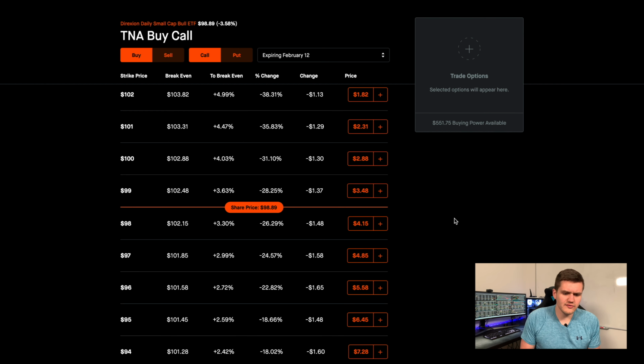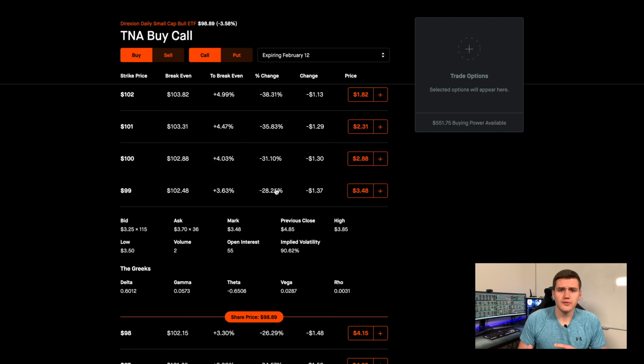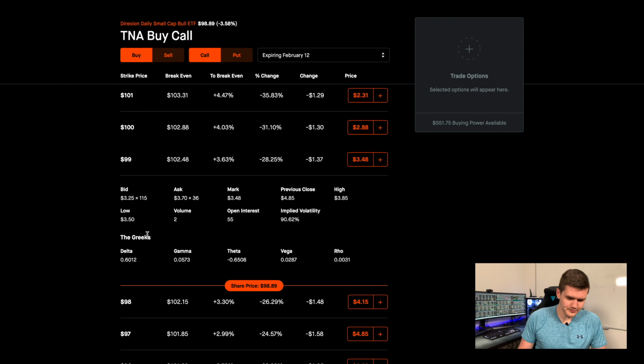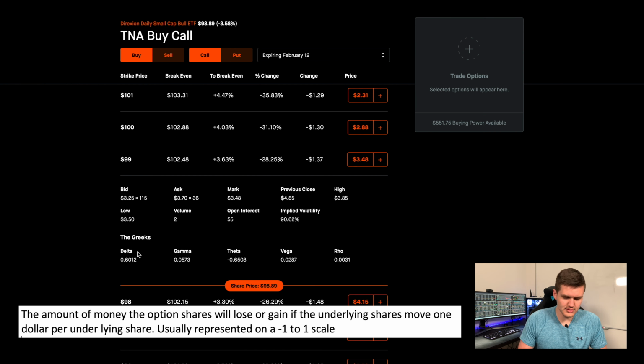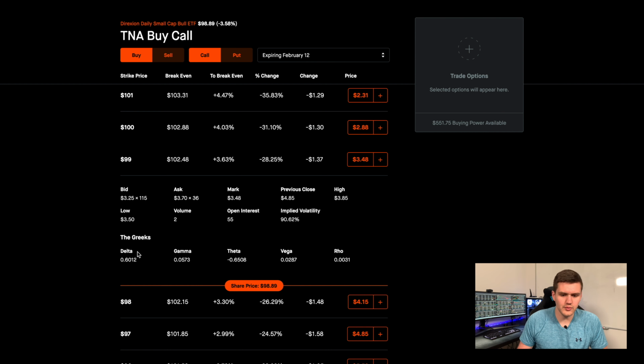Let's look at some other pieces of information that I want to touch on before we transact on this $99 call option that we've been talking about all day. One thing I want to mention is delta. Delta is a value, if all things stay consistent, of how much my option is going to rise for every dollar that the underlying share price rises.